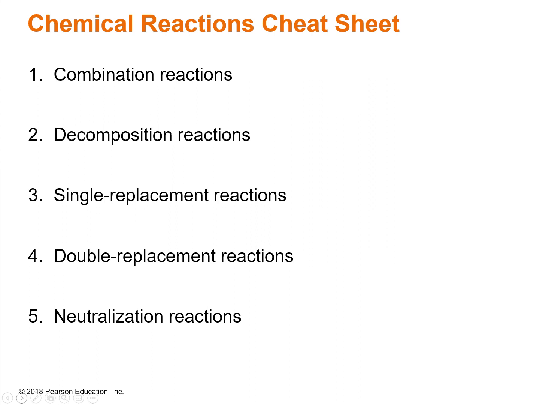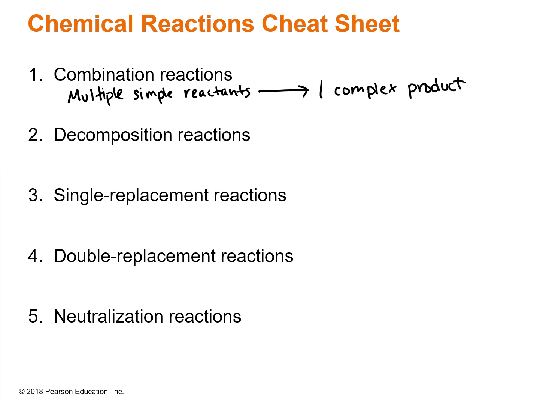Starting with the combination reaction. We've got multiple simple reactants. You make one complex product. Decomposition reactions, it's like the reverse of a combination reaction.